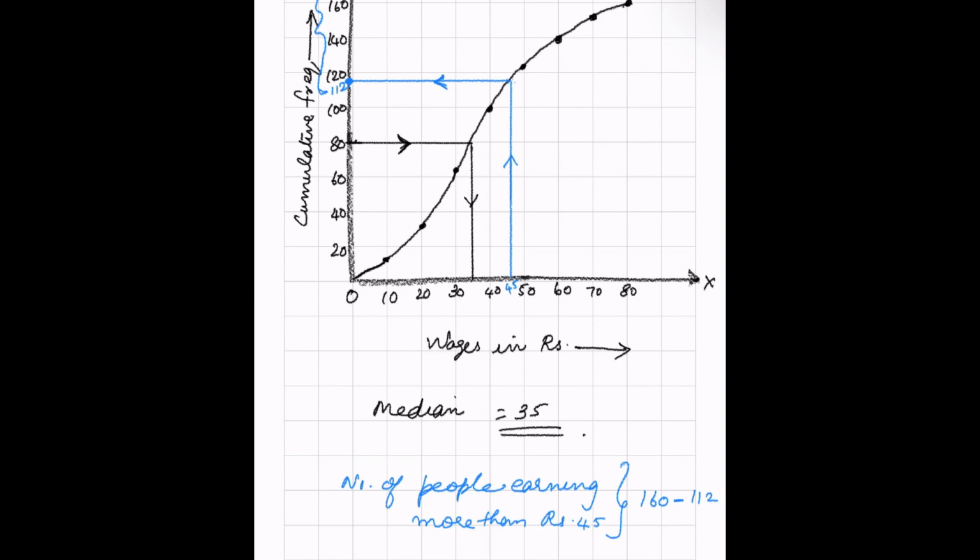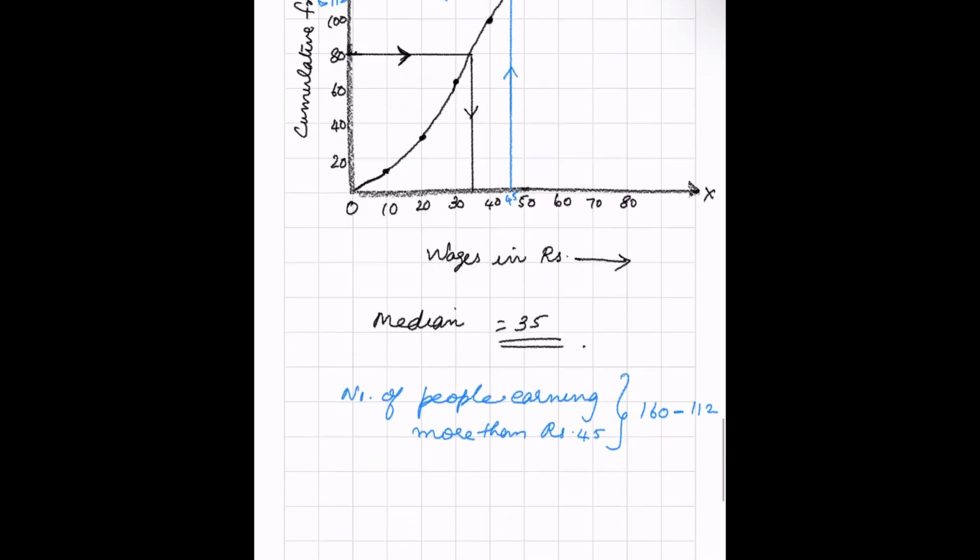People earning up to 45 rupees. That is 112. So the number of people earning more than rupees 45 is 160 minus 112, which is 48. So 48 people are earning more than 45 rupees.